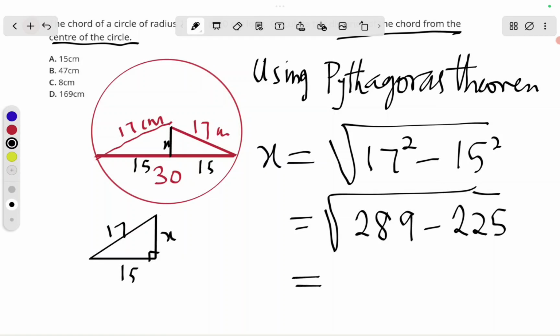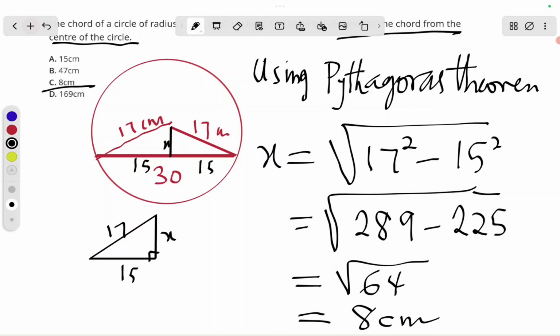If I subtract the two, I get the square root of 289 minus 225, which is 64. And what is the square root of 64? It is 8. Just put your centimeter in front of it, which is the same thing as option C.